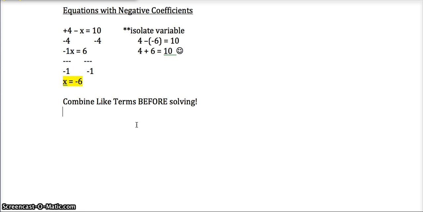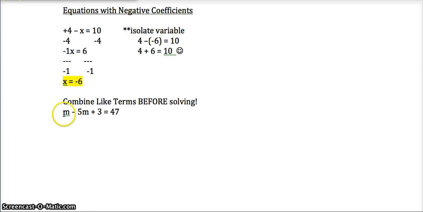So an example would be m minus 5m plus 3 equals 47. So if you ever notice that you have some of the same like terms, you have to combine those before you solve, so that way you can get the correct answer.